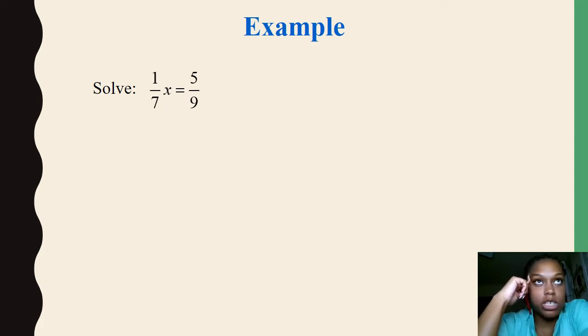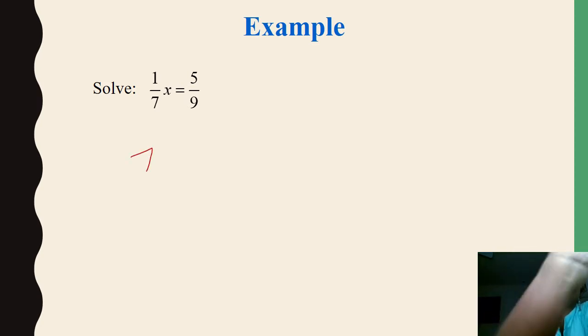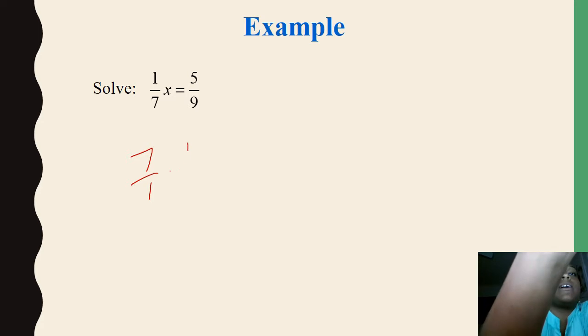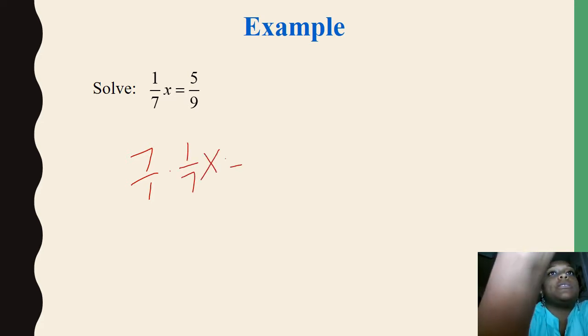Next, OMG. I have 1/7 x equals 5/9. Go back to our reciprocal rule. The reciprocal of 1/7 would be 7 over 1, and I'm going to multiply that by 1/7 x. What I do to one side, I have to do to the other.